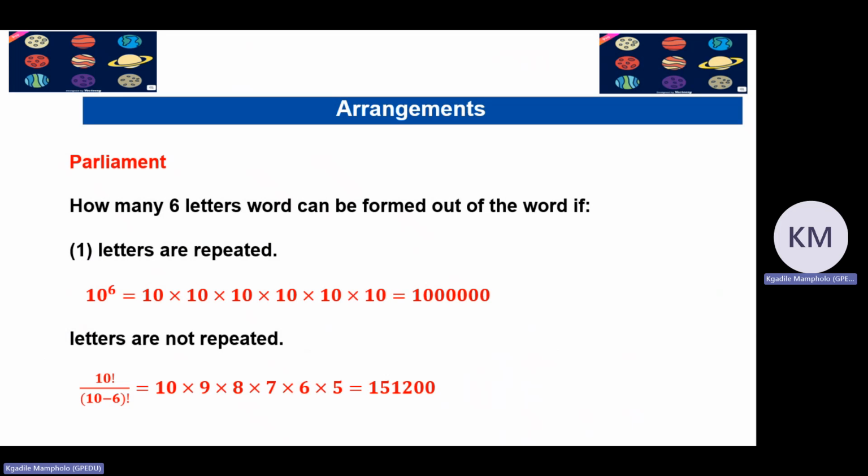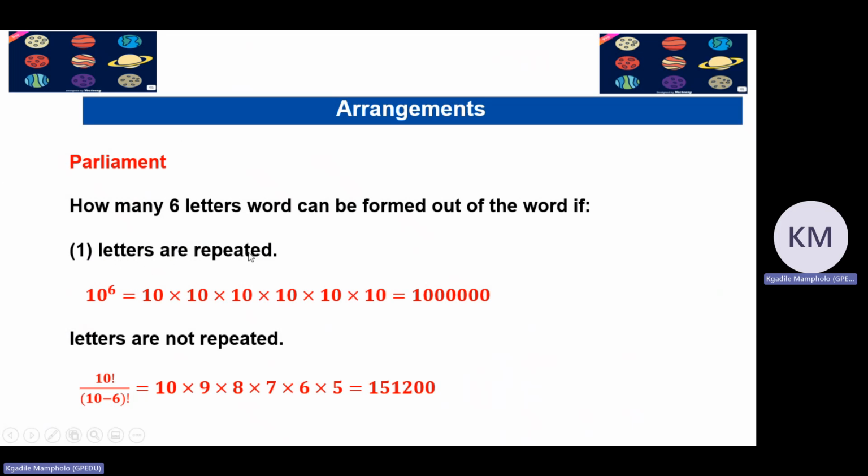Now, let's say you are required to determine the number of 6-letter words, but you are still using the 10 letters of parliament. So you form a 6-letter word out of the 10-letter word parliament.